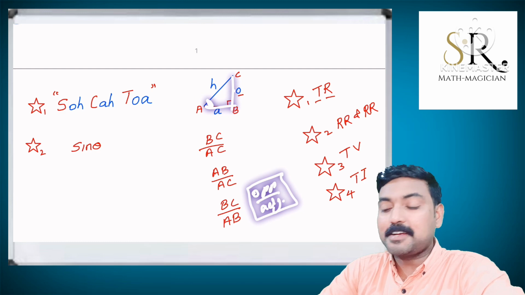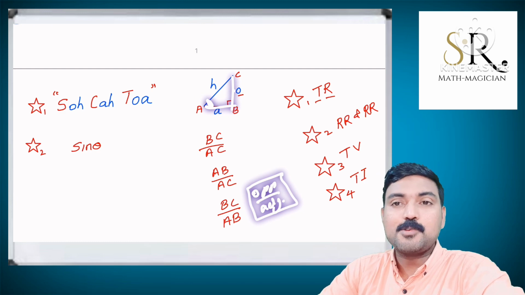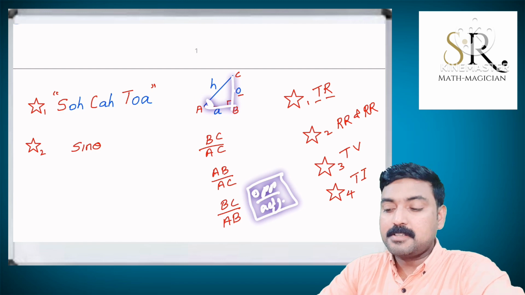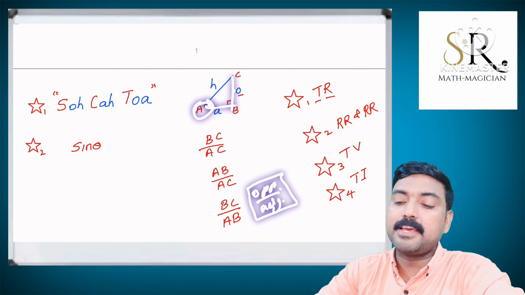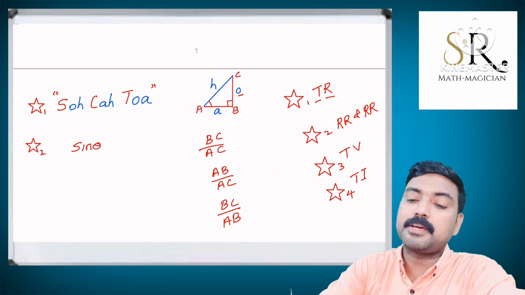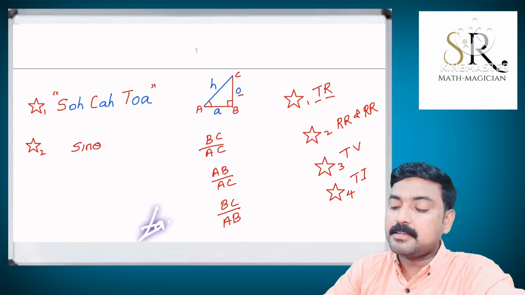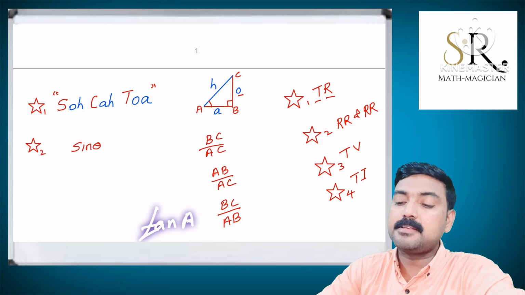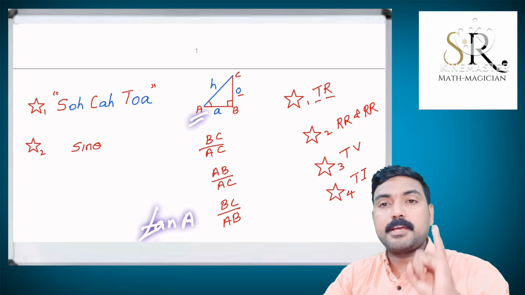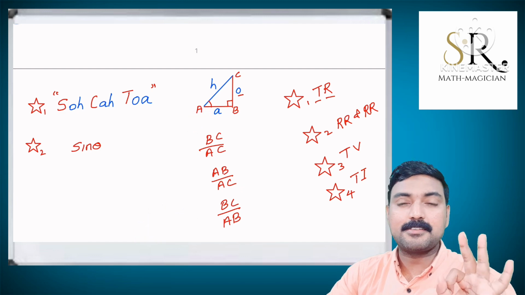Since it is taken from a right angle triangle, this ratio is known as a trigonometric ratio with respect to angle A. Opposite by adjacent, we give the name tan A. Sin, cos, tan.